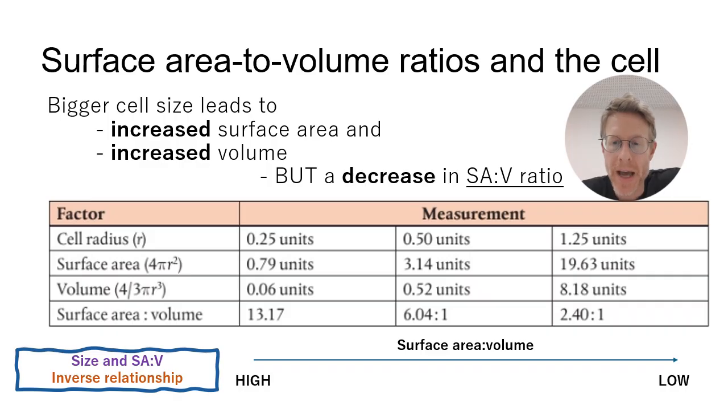And so as a three-dimensional object gets bigger, its surface area gets bigger, of course, and its volume also gets bigger, but the volume gets bigger faster because volume is cubed. Surface area gets bigger slower. So the ratio of surface area to volume, if you're expressing surface area over volume as a fraction, gets smaller as the cell gets bigger.